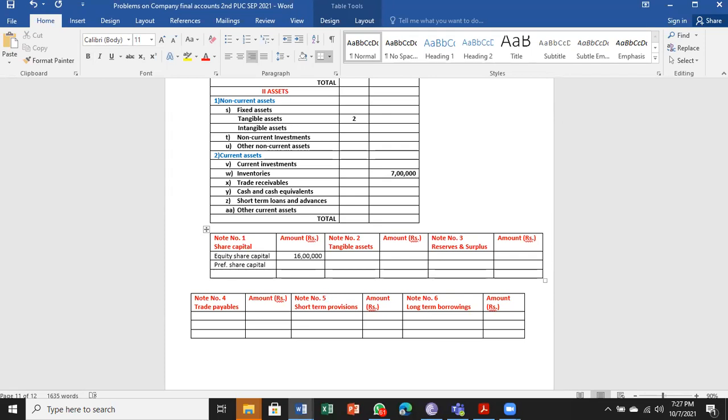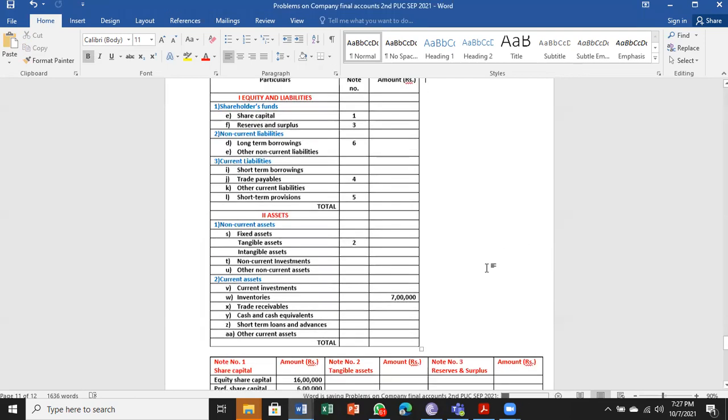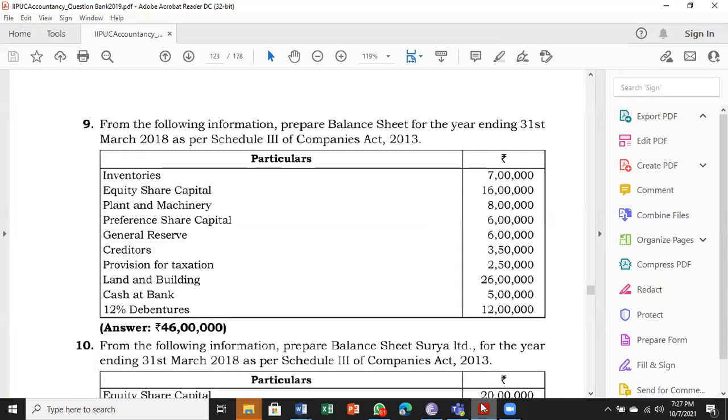Preference share capital, 6 lakhs. So here, because there were two items, I have taken into a note number 1.